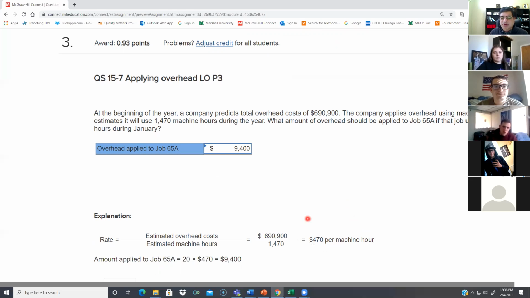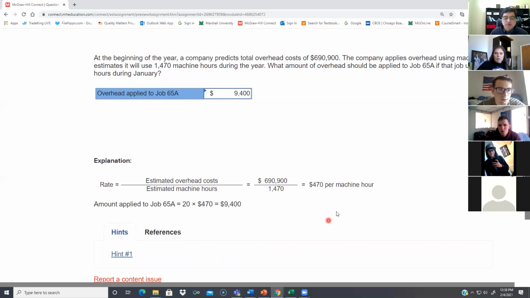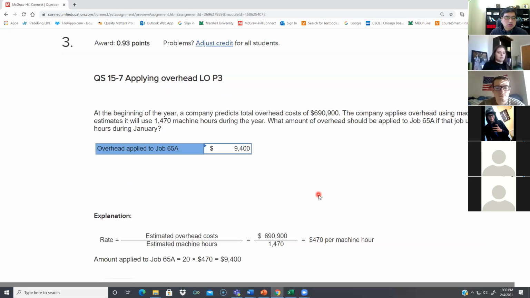For this chapter's purposes, yes, you will be given that. Otherwise, you'll be given the information to find it out. So is everyone clear on this $470 per machine hour, please?